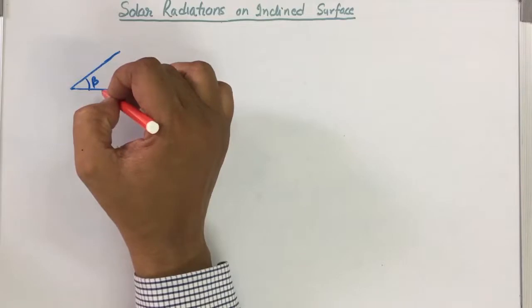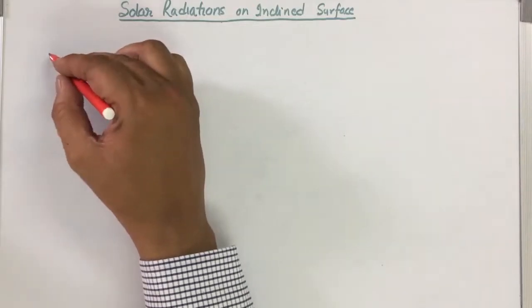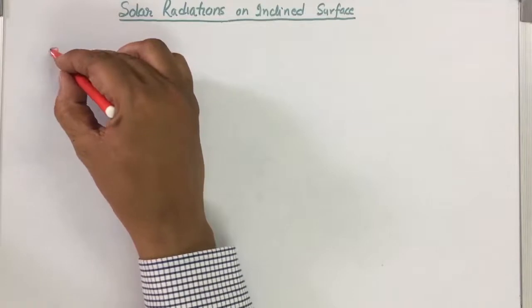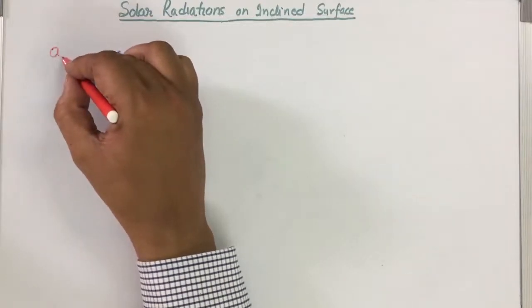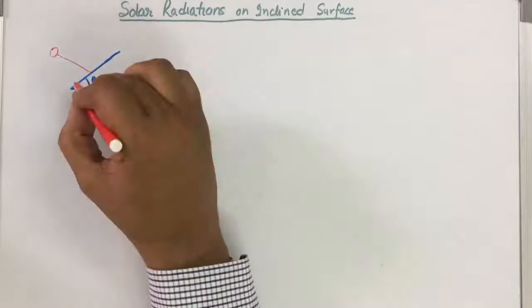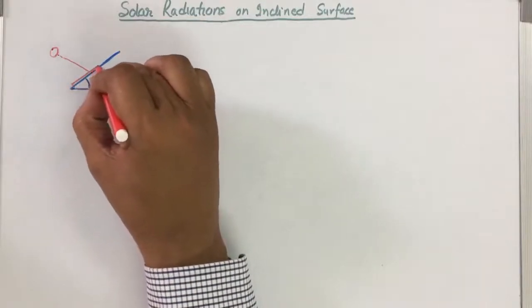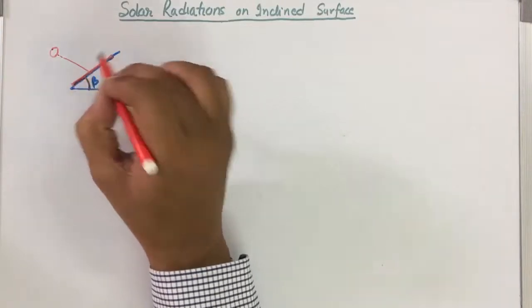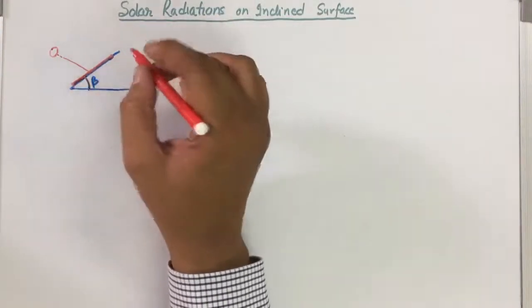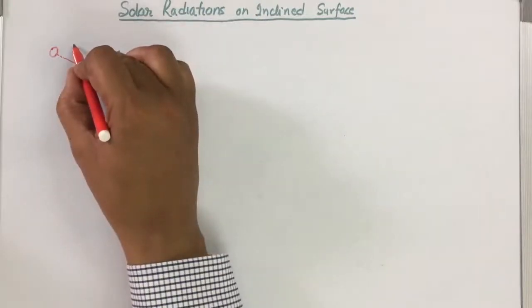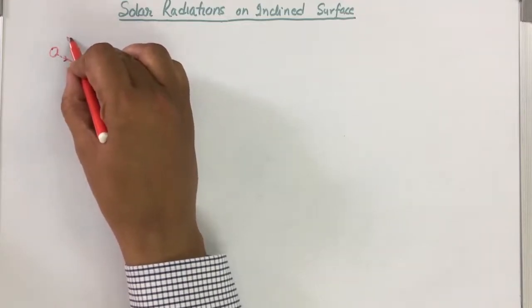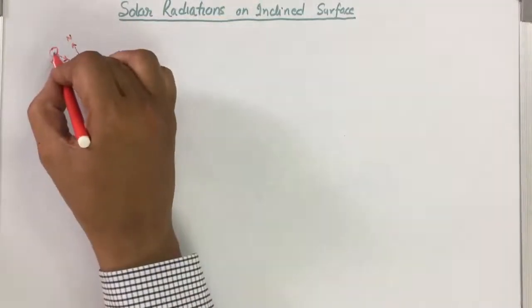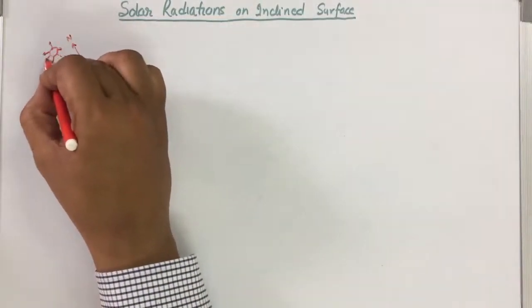To maximize the collection, the collector surface is tilted with an angle beta. This is the tilt angle or angle of inclination. This is the incident radiation. This is the normal. The radiations are coming like that.